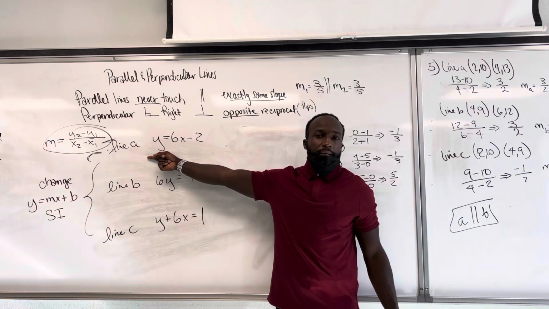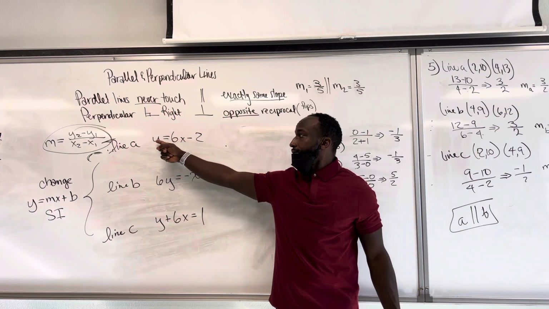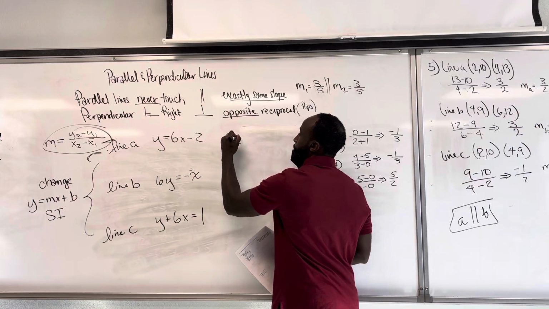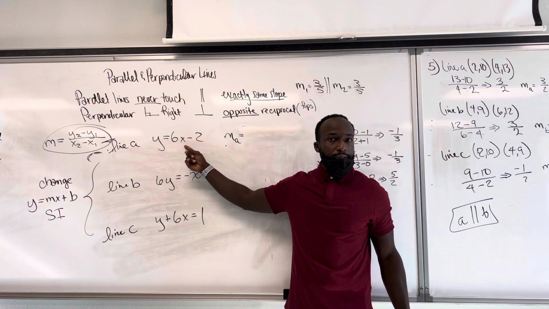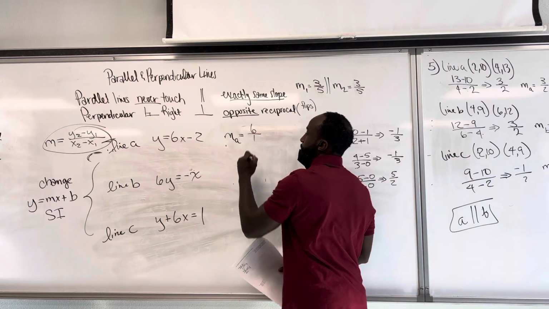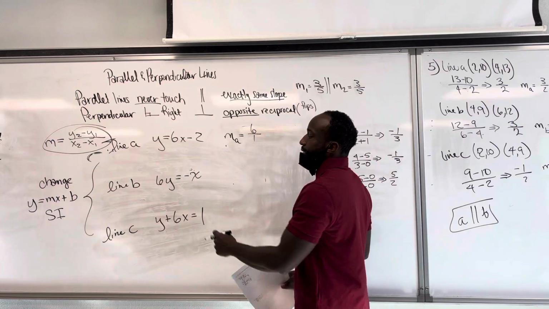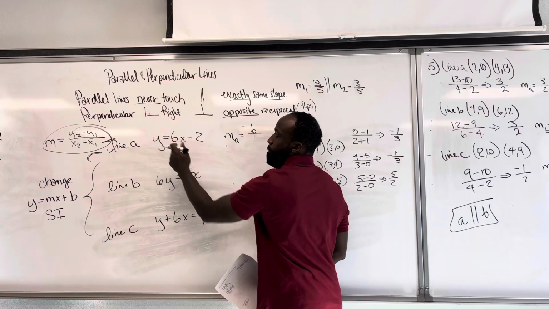What's up with line A? Is it in slope-intercept form already? Yeah, it says y equals. So from here, we can pull the slope out. What's the slope for line A? 6, right? 6 over 1 is the slope. Okay? Let's look at line B. Line B says 6y equals negative x. How do I set this equal to just y? What do I need to do?